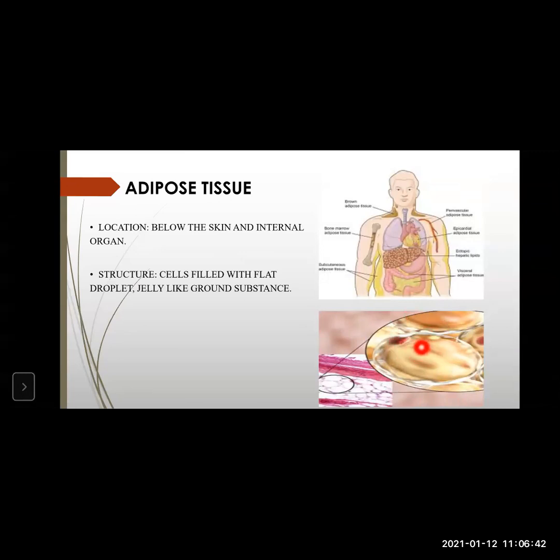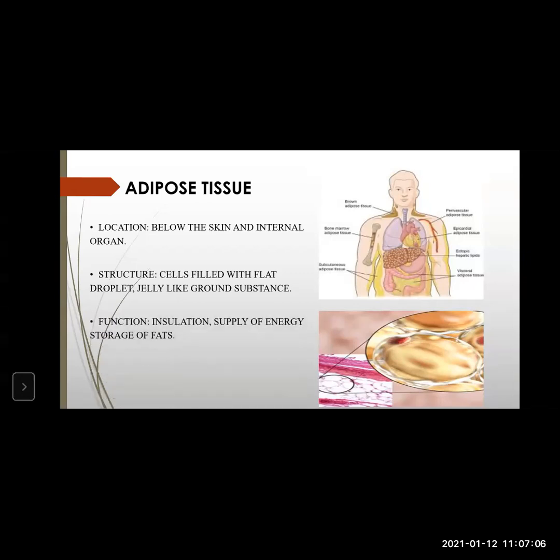You can see this yellow part is actually stored fat, and this is a nucleus. So you can see that the entire cell is filled with fats, and a layer of such fat cells is formed below the skin and around the internal organs.